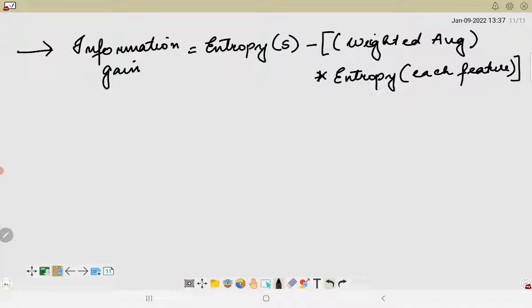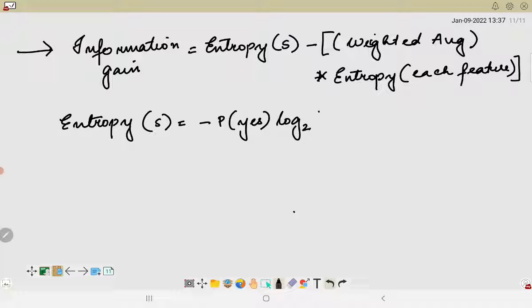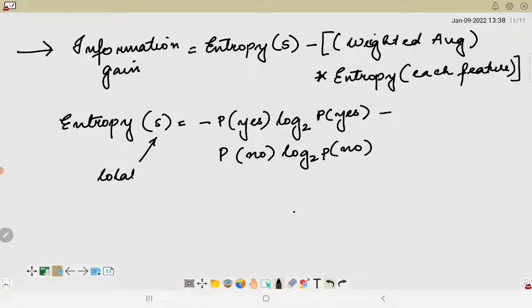Now entropy, as already said, we have to calculate using another equation. So let us write it down. Entropy of S is equal to minus P of yes, that is probability of yes, log base 2 probability of yes, minus P of no, probability of having no, log base 2 probability of no. S, as already mentioned, would be the total number of samples which we will be calculating at that particular instant.